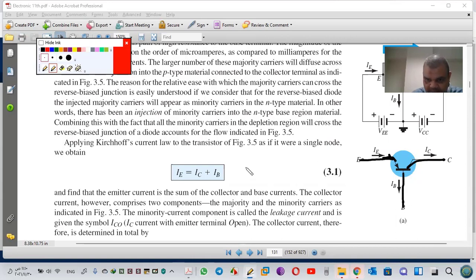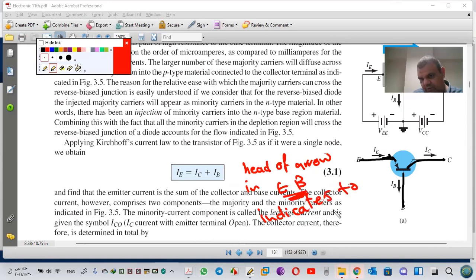I will write again, the head of the arrow indicates the N. For example, here in this one, this is E and this is P. This is the arrow.